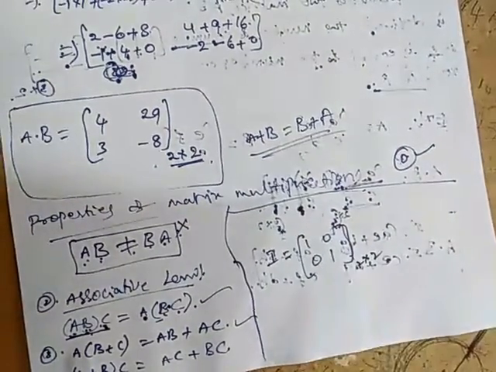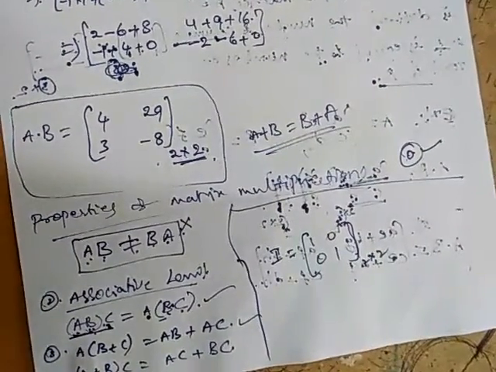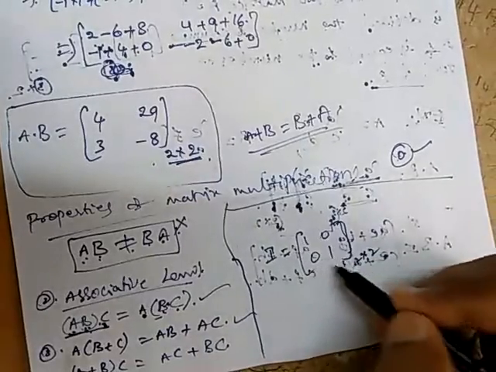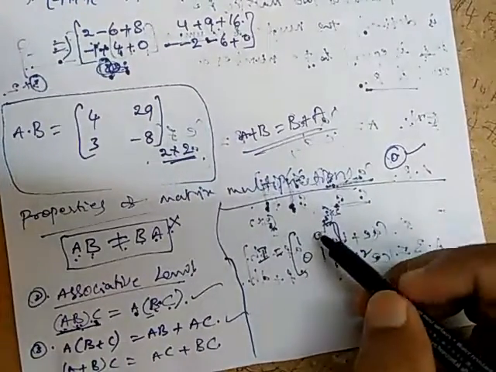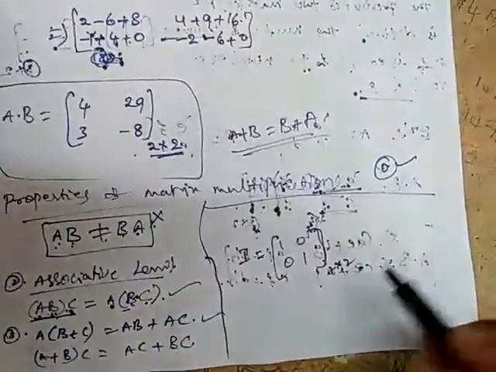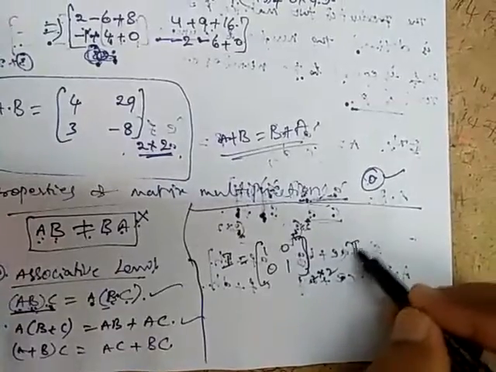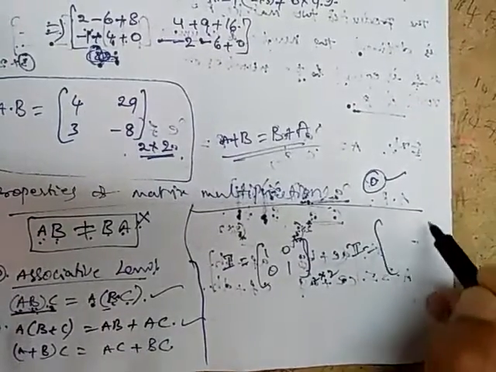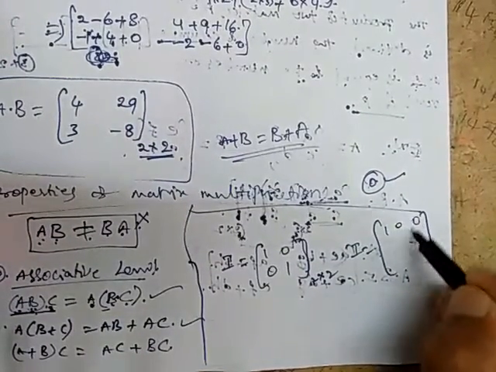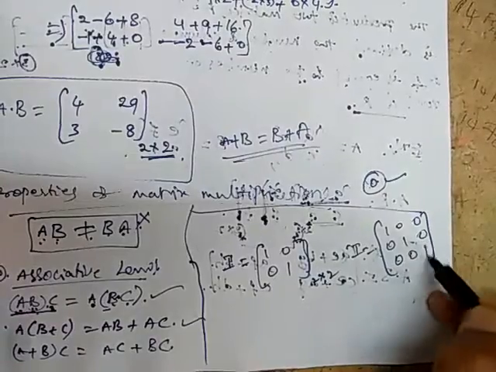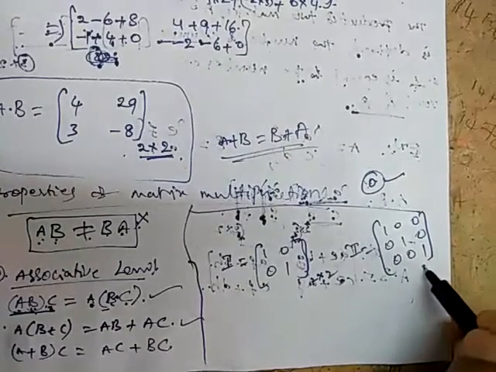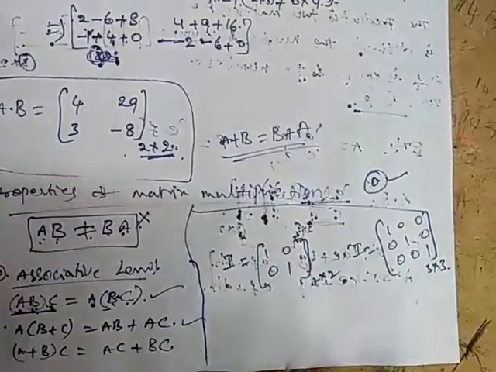Already I have given the definition of the identity matrix. Only diagonal elements are 1 and the remaining non-diagonal elements are 0. Suppose you take a 3 by 3 identity matrix, 1 0 0, 0 1 0, 0 0 1. This is an identity matrix of 3 by 3 order.